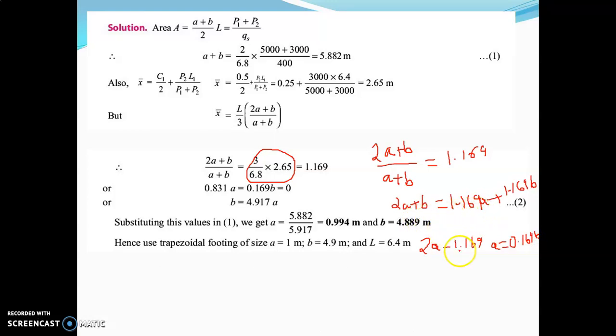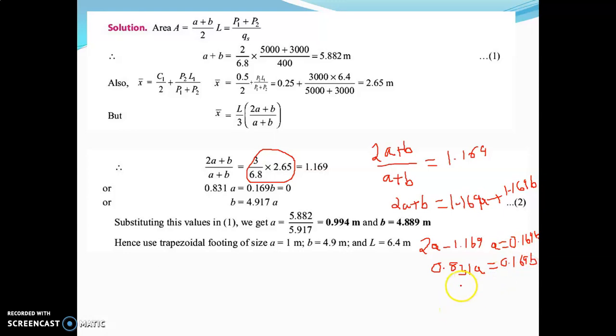Here, just simplify this. 2A minus 1.169A is equal to 1.169B minus B. So that is 0.169B, and this is 0.831A, equal to 0.169B.